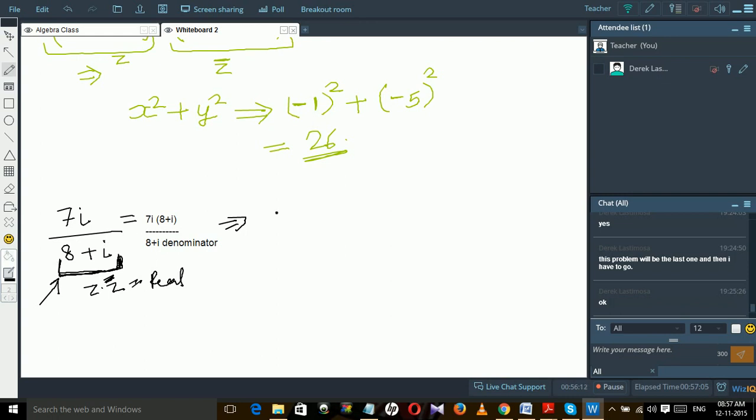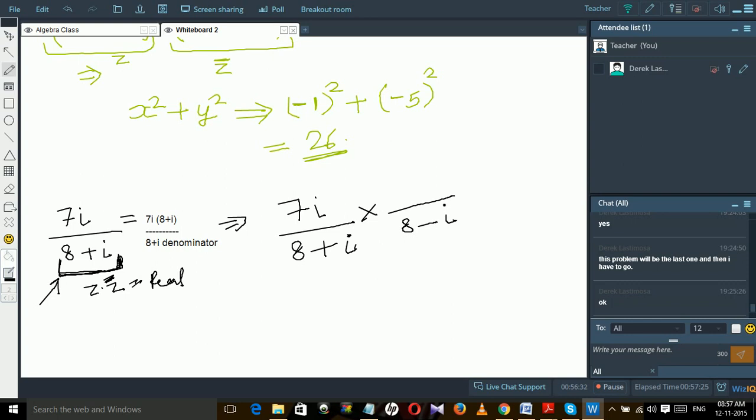Since multiplying a complex number z with its conjugate z bar will give you a real part, that should be our purpose. We want to eliminate the imaginary part from the denominator.